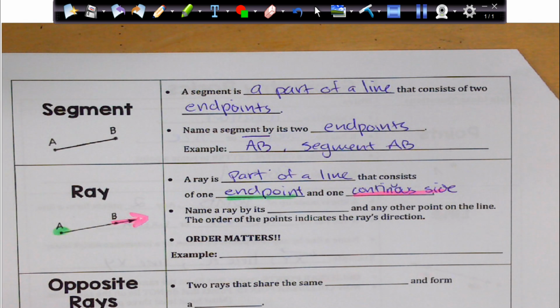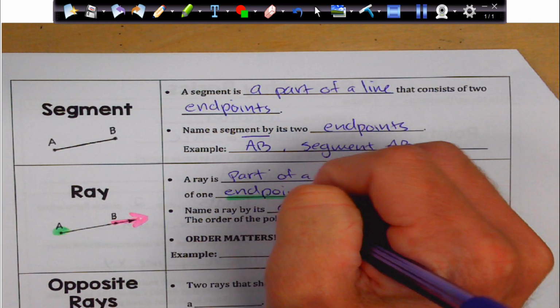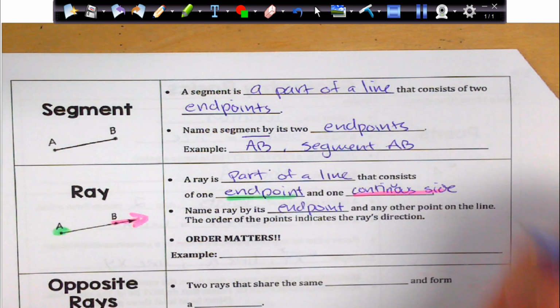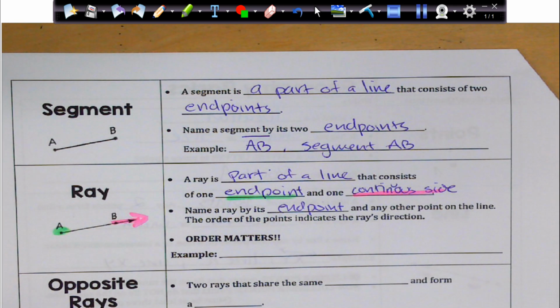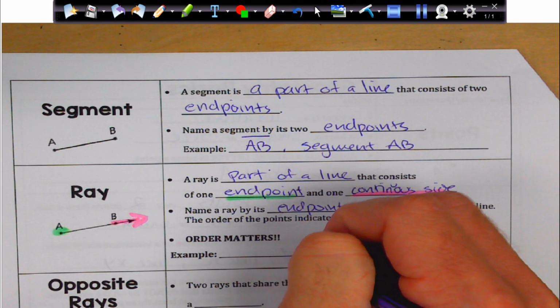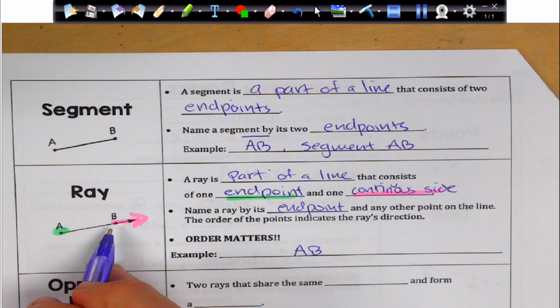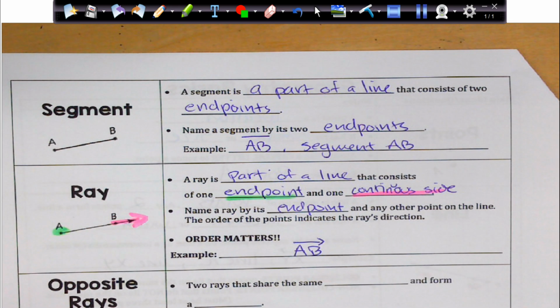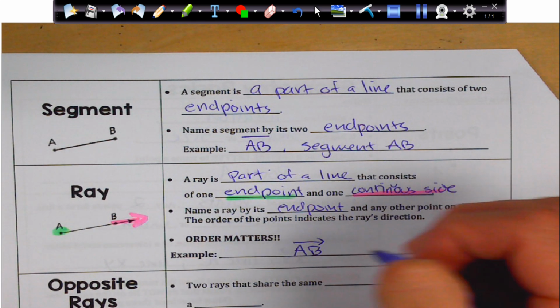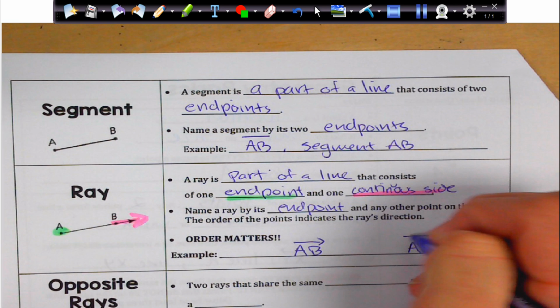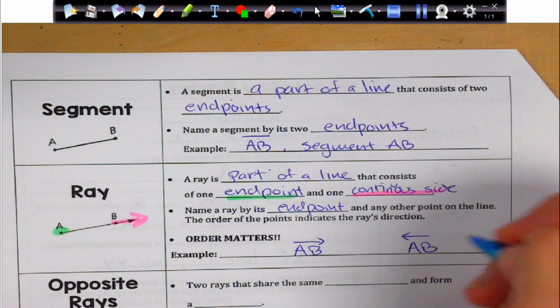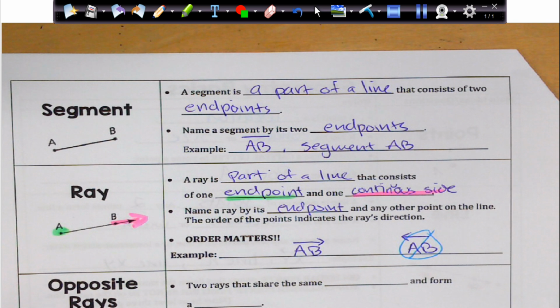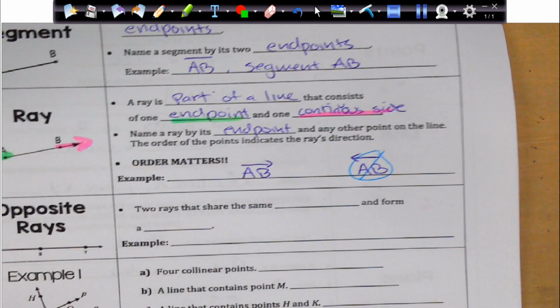We name a ray by its endpoint and any point on the line, and the order of the points indicates the ray's direction. So here we would say ray AB. Now since it's going towards B infinitely, my little picture would look like this, and then vice versa. If you were to do it like this, that would be incorrect. Not right.